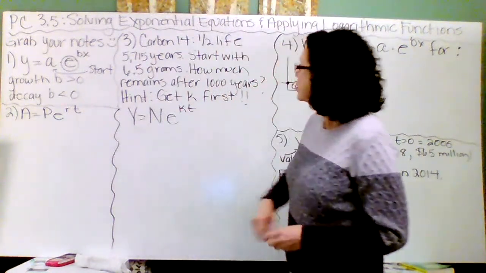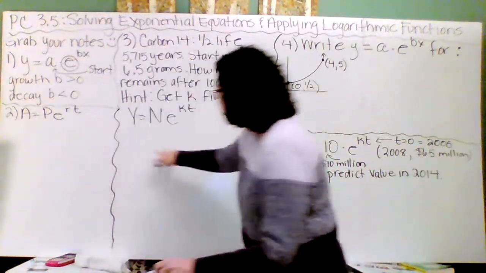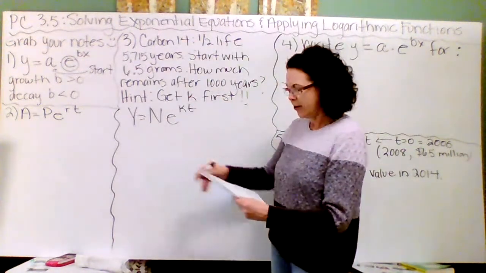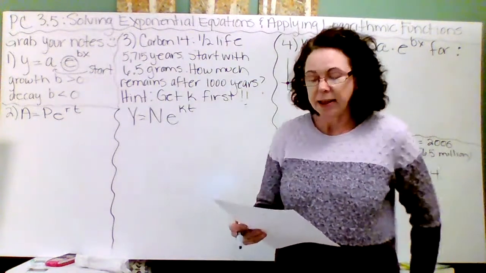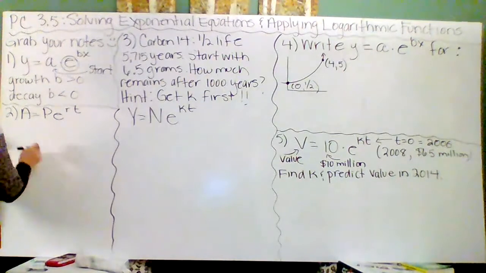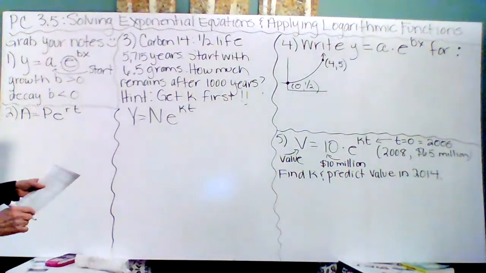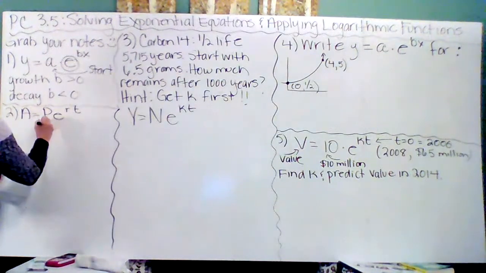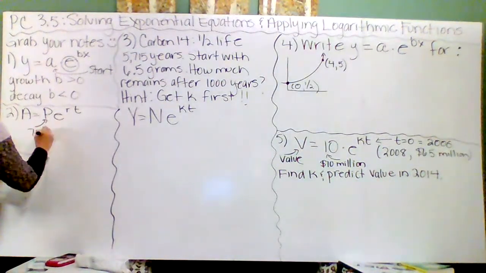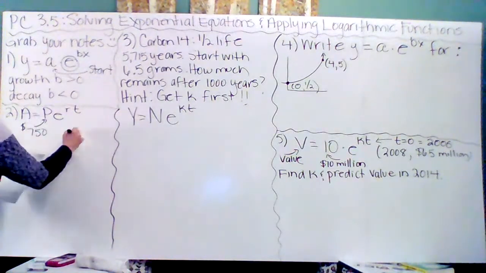Okay, and so let's go on to number 2. On number 2, I may have to wander and do some work in this area and then erase, because they ask you 2 questions. First, they ask you if interest is compounded continuously and you deposit $750, right? There's your starting amount at 10.5%.